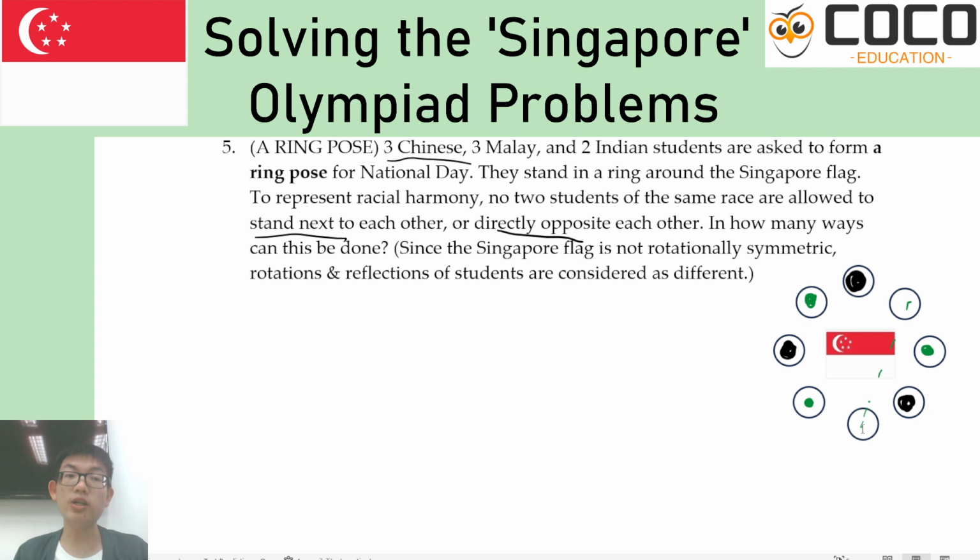So that's actually not many, and we just now need to count this without getting confused about rotations and reflections. So how I want to think about it is that, let's say for my first group of students, I put the 3 Chinese students here first.